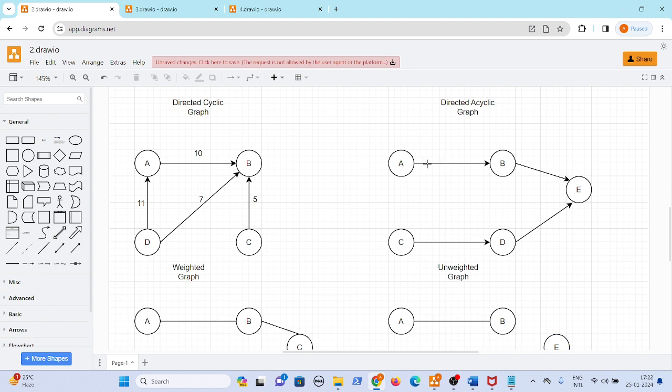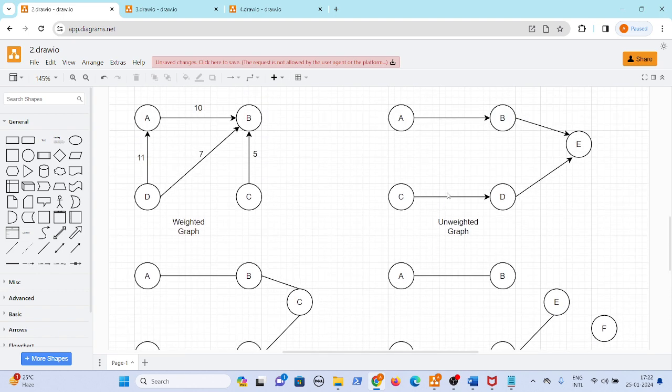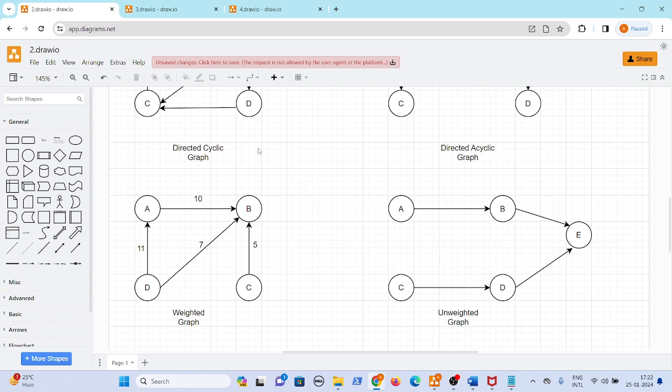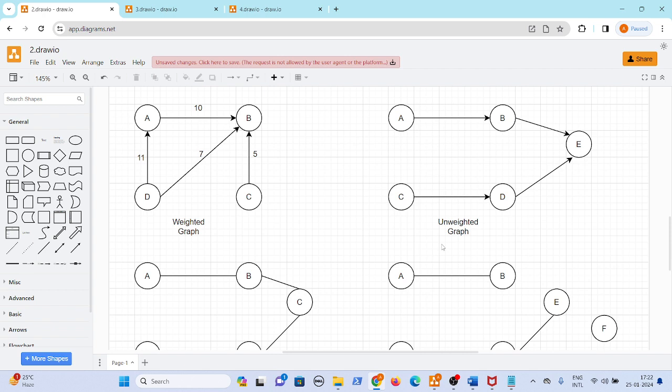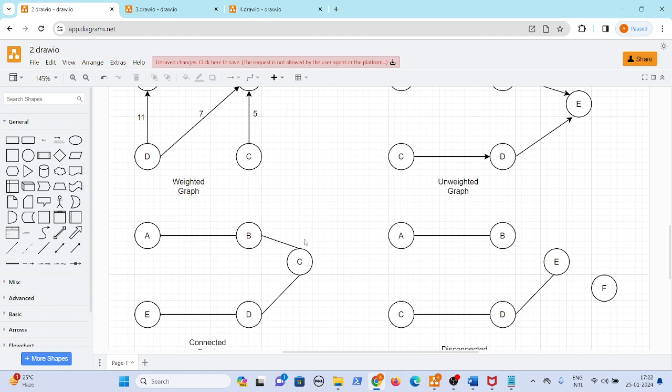Maybe you don't want to put any weight on this, then you can consider it an unweighted graph. This is another classification. Even directed cyclic graphs can have weights, and directed acyclic graphs too, and also undirected graphs. You can consider these as subclassifications.